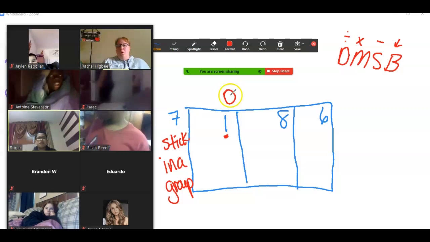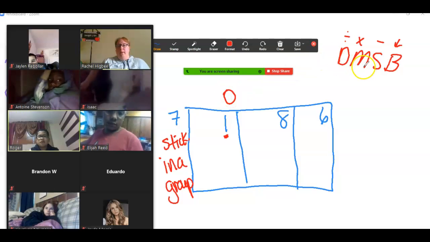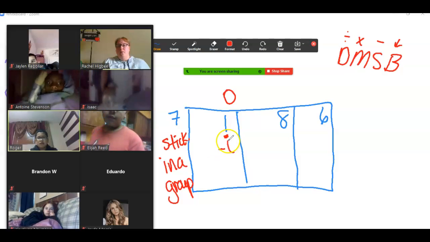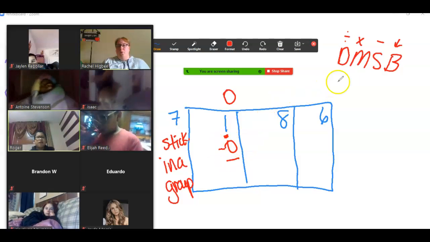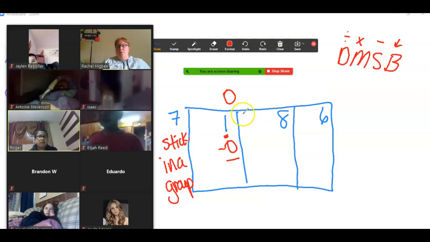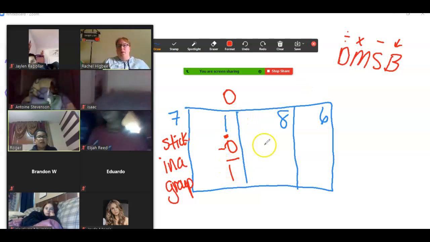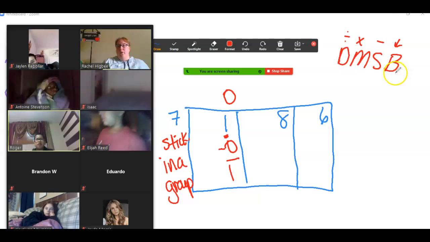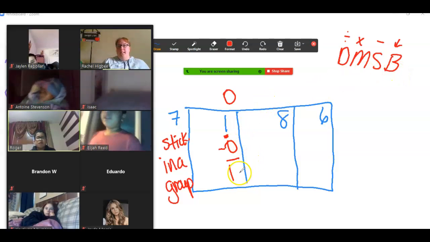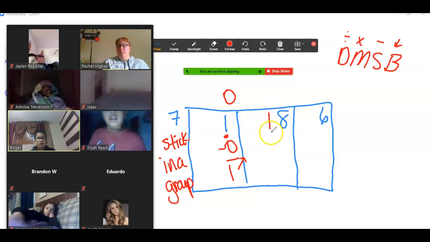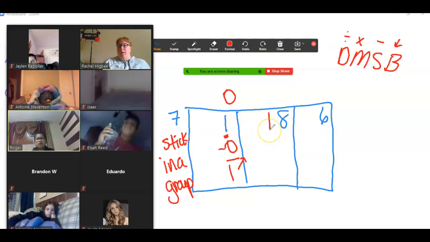That's the division part. Now I multiply. 0 times 7 is 0. Now I subtract. 1 minus 0 is 1. And now I bring over. So I'm going to take this 1 and place it here. Everybody with me?